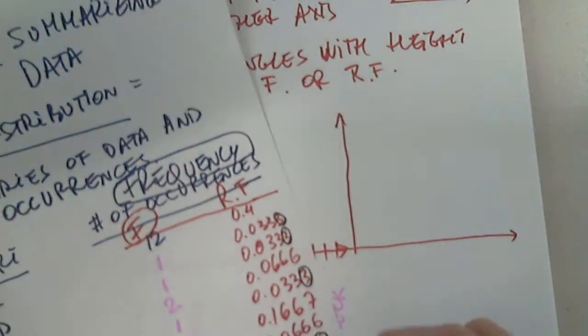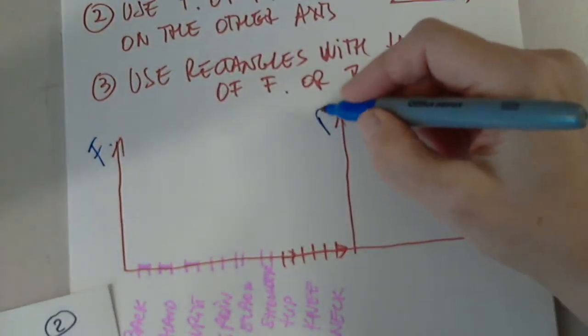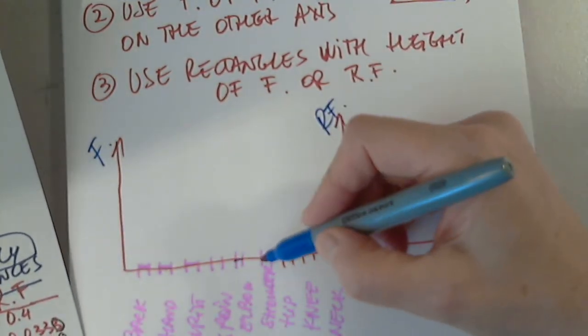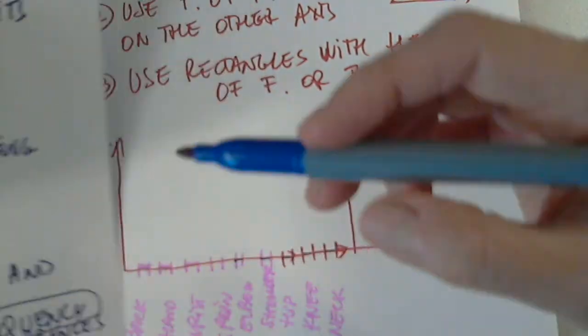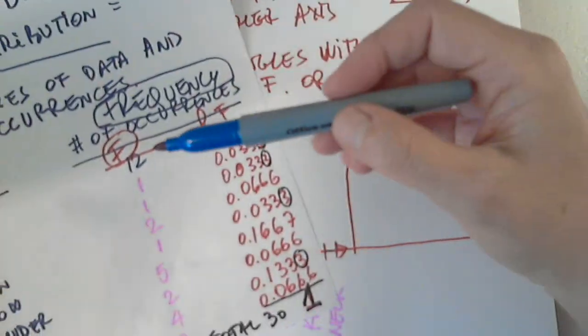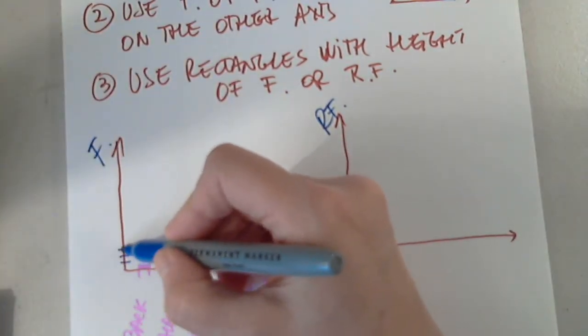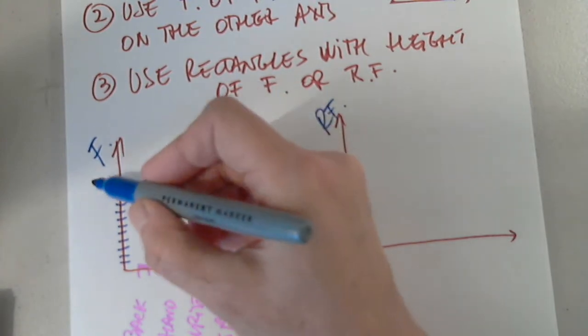We decided to use the frequency here, and here the relative frequency. So again, all these rectangles have the same width. Back goes to 12. So maximum is 12, minimum is 1. So I'm going to say 1, 2, 3, 4, 5, 6, 7, 8, 9, 10, 11, 12.